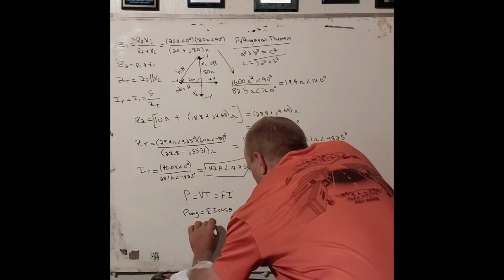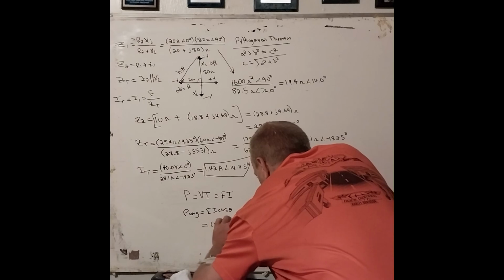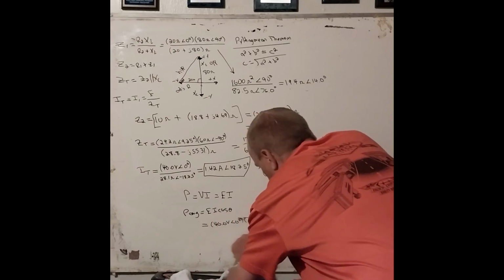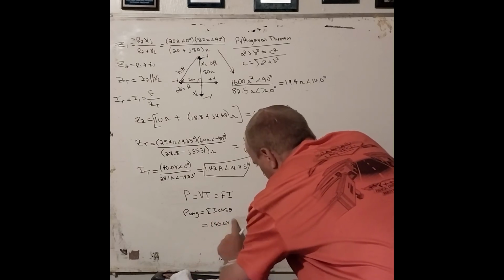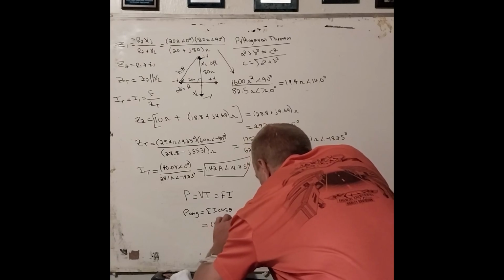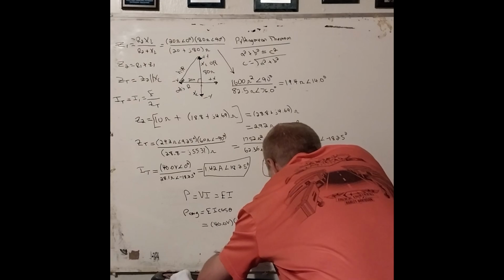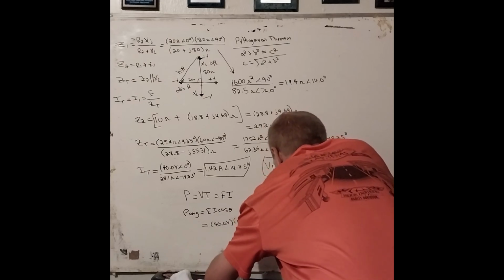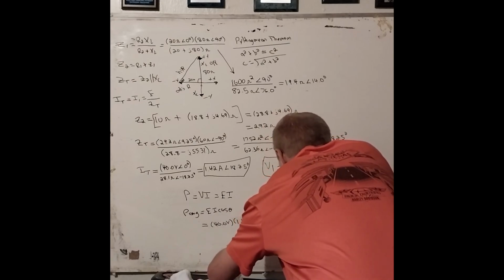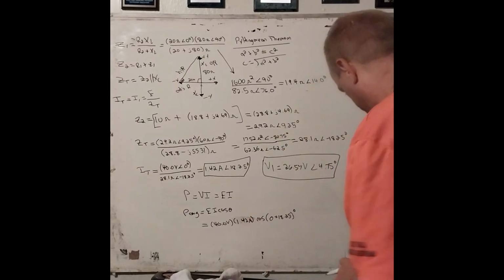We take 40 volts at an angle of 0 degrees. Well, let's just do magnitude without direction. 40 volts times 1.42 amps times the cosine of theta. Theta is going to be 0 plus 18.25 degrees. All right.